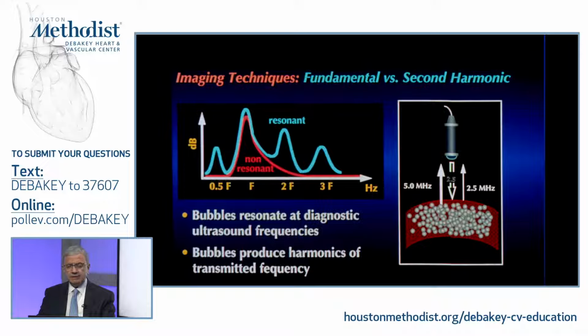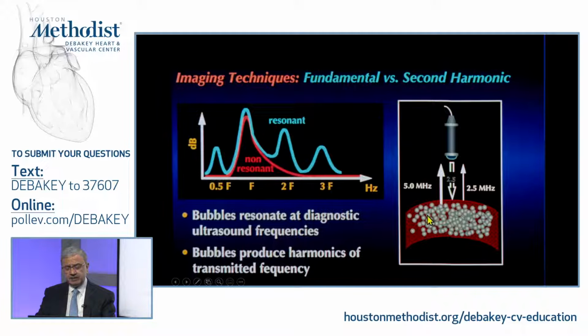Now, the interesting thing is that part of the development of contrast agents to enhance and see better with contrast is the utilization of harmonics. Usually the fundamental frequency is the initial frequency emanating from the transducer, but as this frequency hits certain structures, it doesn't reflect only the fundamental frequency, but it can also reflect multiples of that frequency, the second harmonic or even the third harmonic.